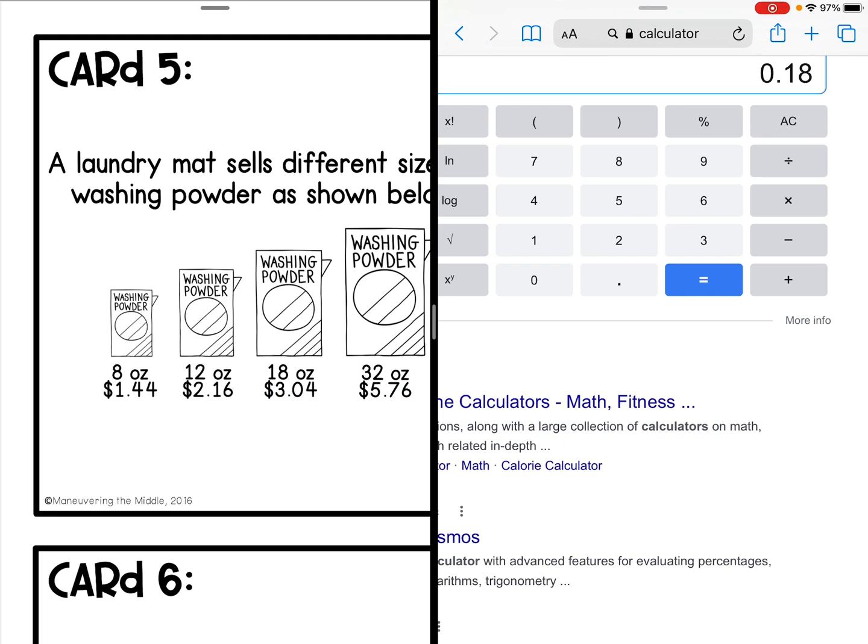So I get 0.18. I get 0.18. I don't get the same thing.